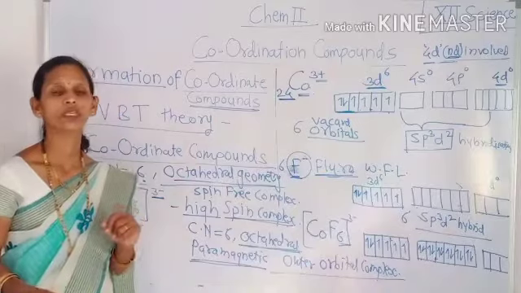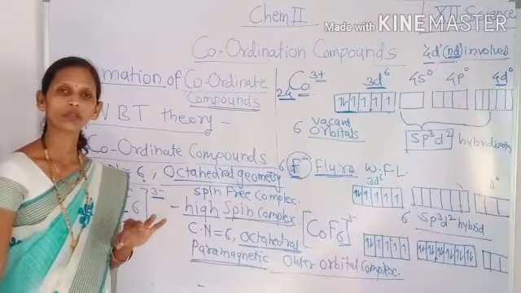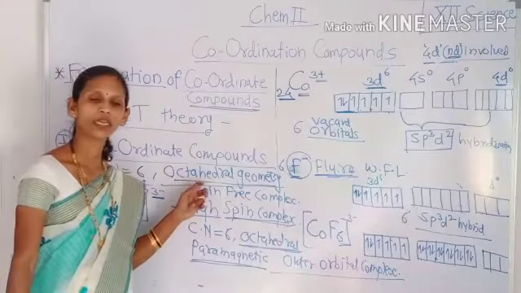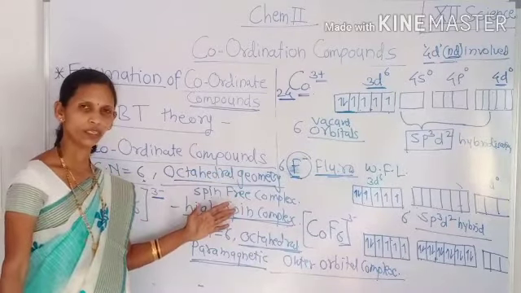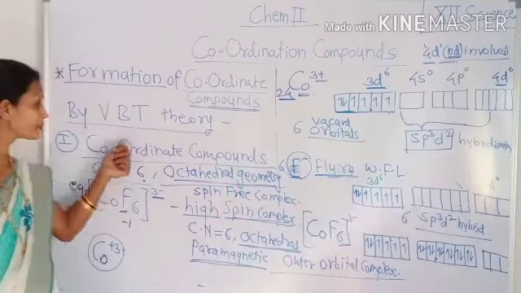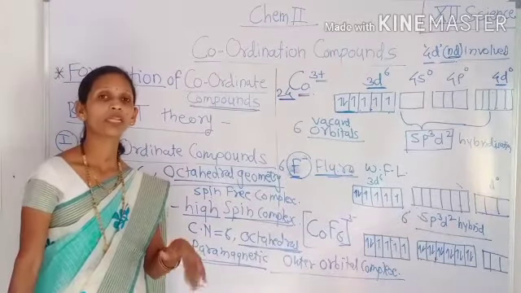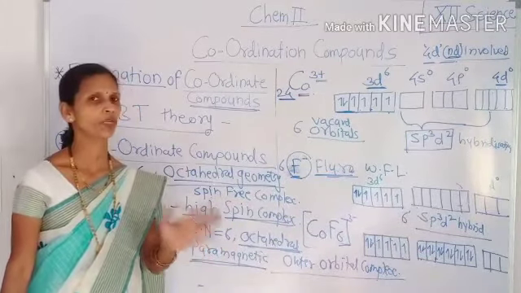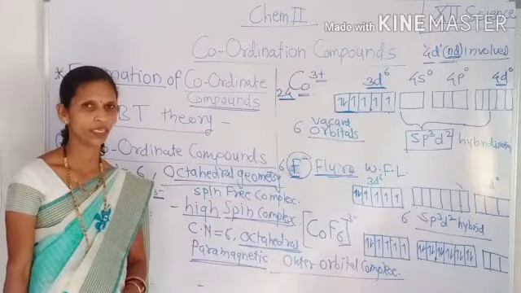That is the third limitation. And one more limitation is that the geometry of a complex predicted by the VBT theory cannot, in a few cases, be confirmed experimentally. Those are the limitations of VBT theory.